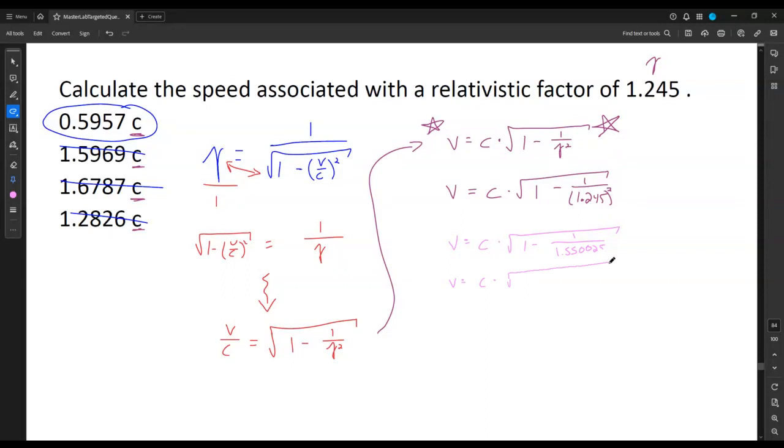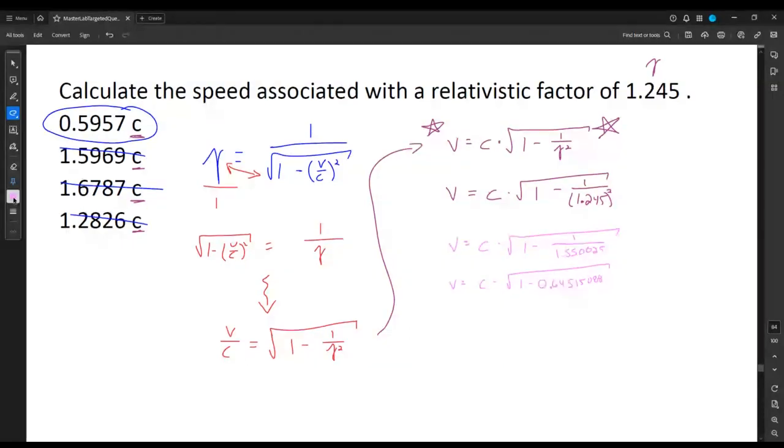Then we want to continue to work this down. So 1 divided by that number is going to give us 0.645150088 and so on.